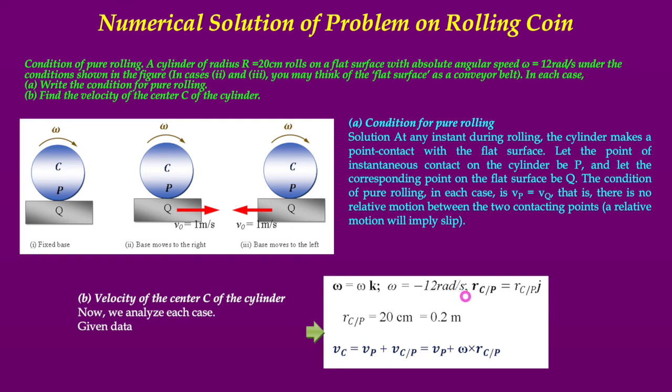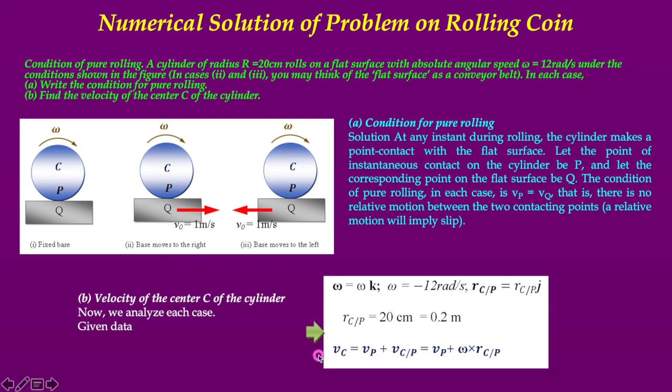The radius vector of this coin, R_CP, is also given. It is downward. Let's consider it is the j direction. So R_CP is 0.2 j, the value of R_CP being given as 20 centimeter or 0.2 meter in MKS system.